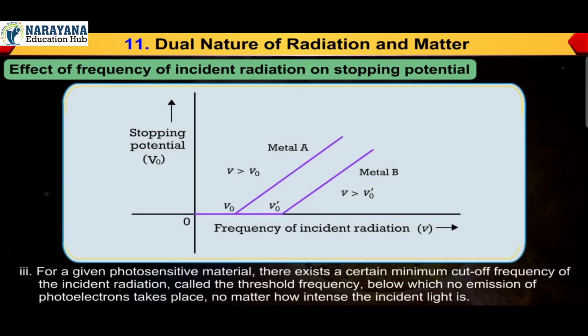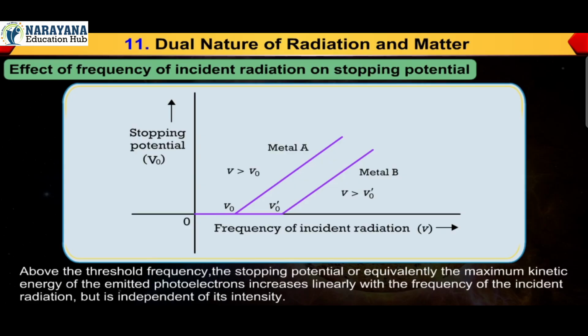Number 3. For a given photosensitive material, there exists a certain minimum cutoff frequency of the incident radiation called the threshold frequency, below which no emission of photoelectrons takes place no matter how intense the incident light is.